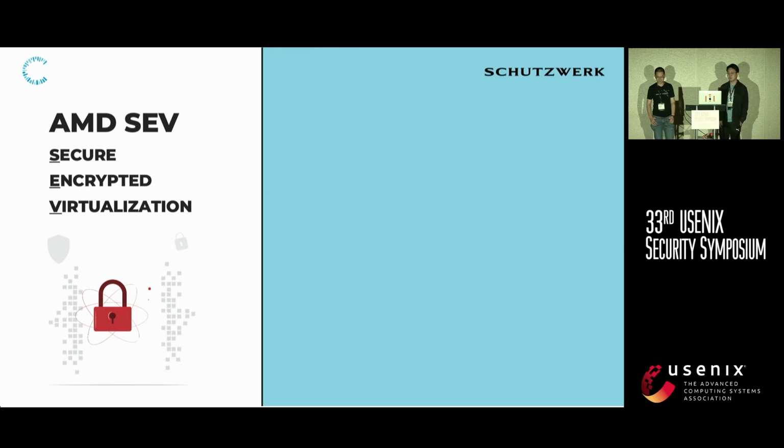Since 2016, chip vendors have introduced a new hardware feature, the trusted execution environment, TEE, to enhance cloud security. On AMD CPUs, it's called SEV, Secure Encrypted Virtualization. Before trusted execution environments, as a cloud customer, you had to trust the hypervisor not to leak your memory and data, because you are literally running your code and data inside someone else's machine.